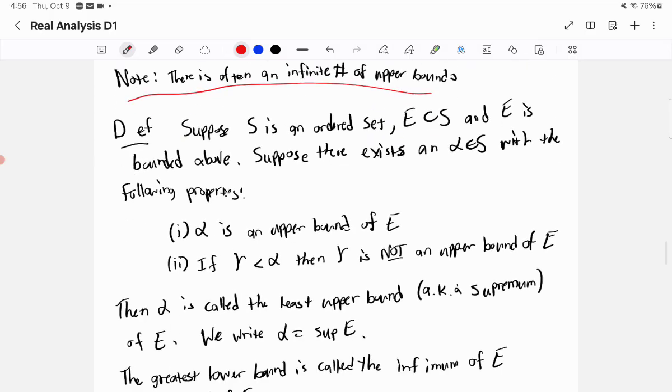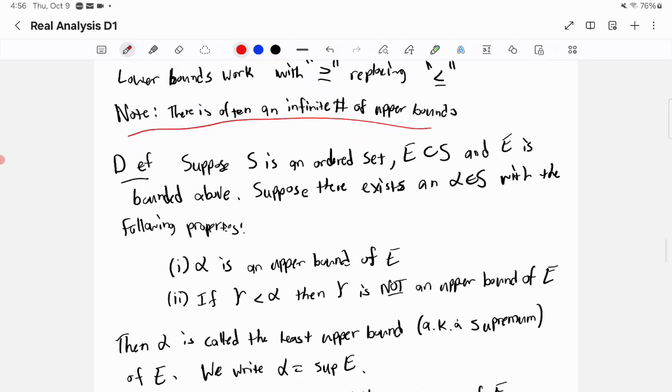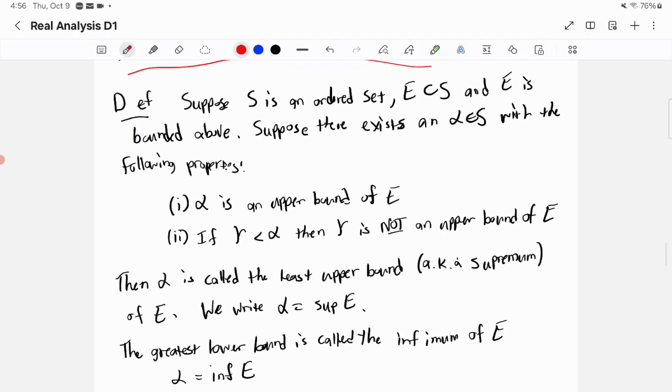Okay, so now suppose S is an ordered set. E is a subset of S, and E is bounded above. Suppose additionally that there exists some number in S, we'll call it alpha, with the following two properties.